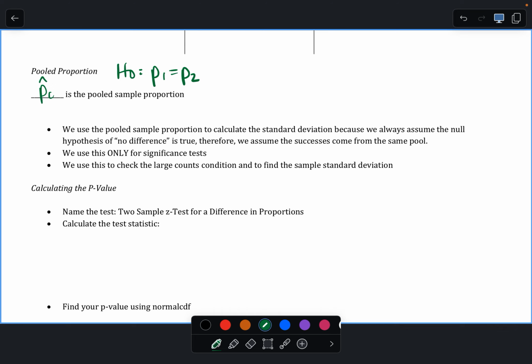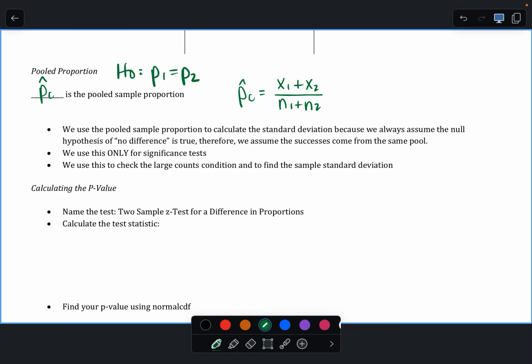What we do is take the total number of successes, so x1 plus x2, over n1 plus n2, and we get this combined proportion. This is saying, if these two populations are no different from each other, if they are equal, then I should be able to combine them together.